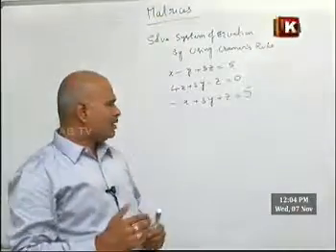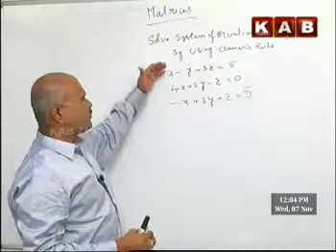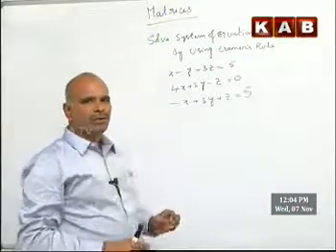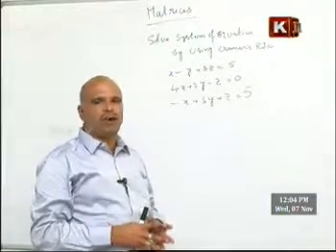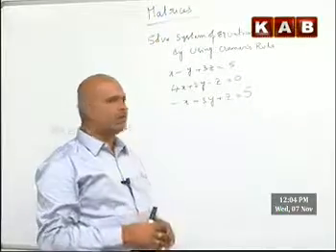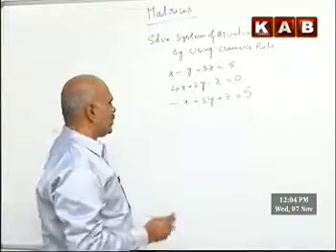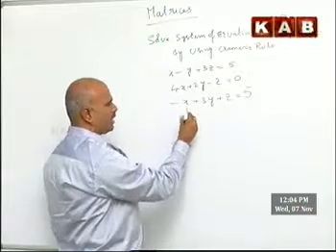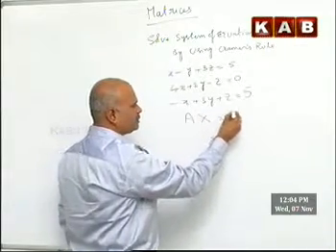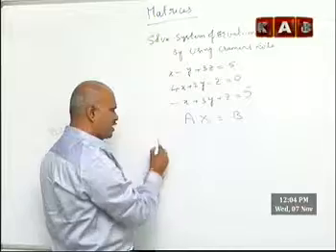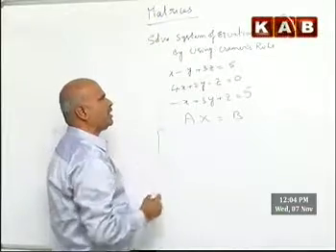Right. By our discussions, first I would like to convert this entire system into matrix equation form. That I am writing like AX is equal to B. Here A is nothing but the coefficient part.